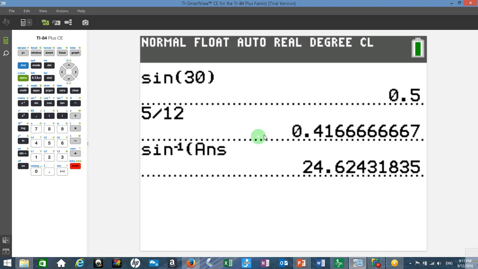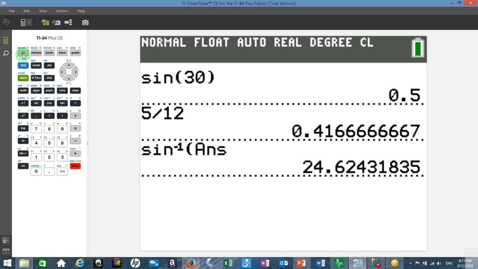So that's if you have the opposite over the hypotenuse, and you are trying to find the angle with 5 units in the opposite and 12 units in the hypotenuse, then take the inverse sine of 5/12, and you should get 24 degrees.